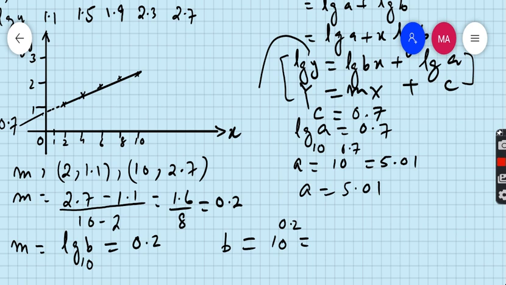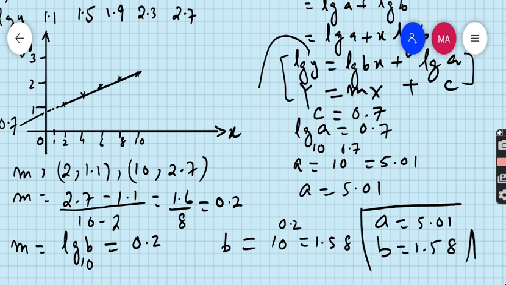With the help of a calculator, find the value, you will get 1.58. Hence, our final answer is a equals 5.01 and b equals 1.58. This is our final answer.